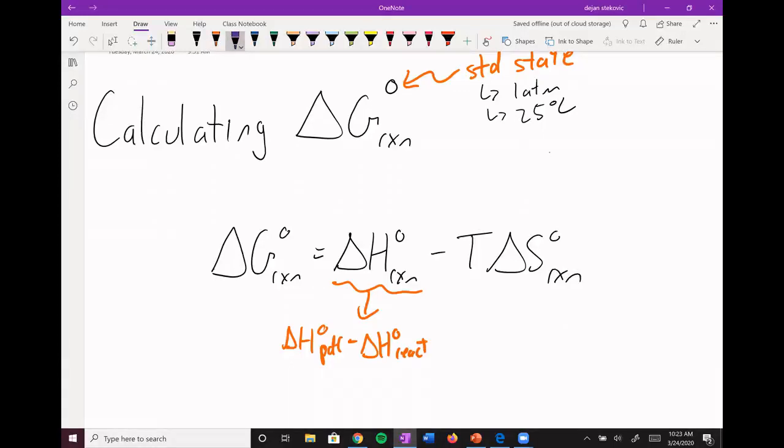And same thing here, you know that the delta S part will be the S of the products minus the S of the reactants, right?